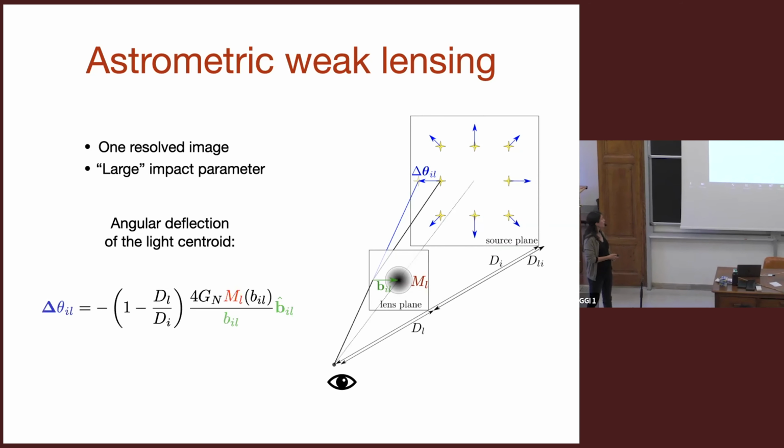So in this regime, what happens is that the observer will see the background sources deflected by a two-dimensional angular shift, which is parametrically given by this formula.